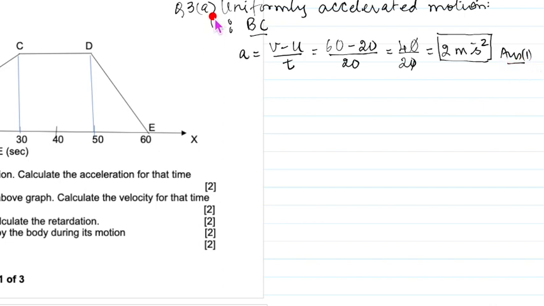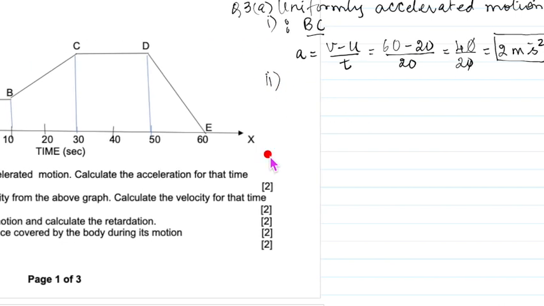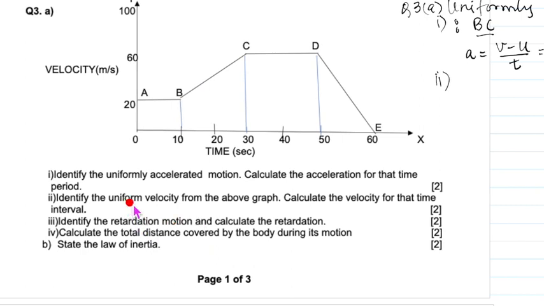Let us come to the second subpart. Identify uniform velocity from the above graph. Uniform velocity is where the velocity is constant. So that will be AB and CD. At AB it is 20 and at CD it is 60 meter per second. Calculate the velocity at that time interval.